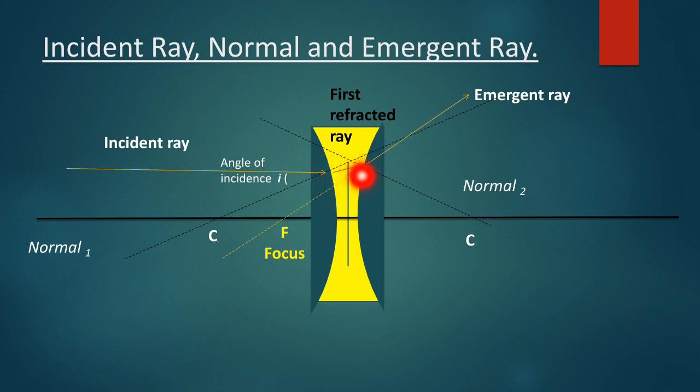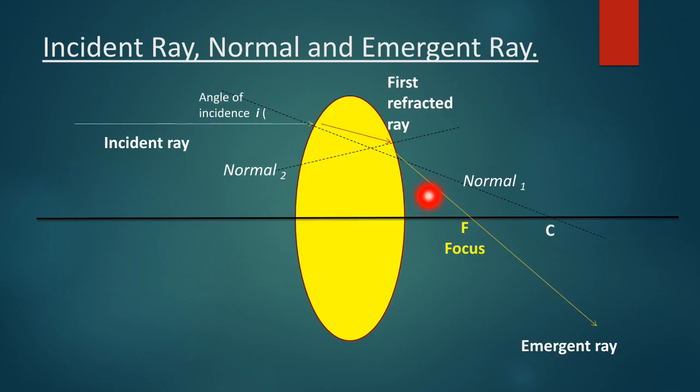Now refraction occurs at the second point also. Here we have drawn the normal, and see what we are getting. This is the direction of the ray incident at this point, and the ray leaving the medium has its direction toward that side. Now in the case of a convex lens, the parallel ray incident on the lens converges and comes toward the principal axis.